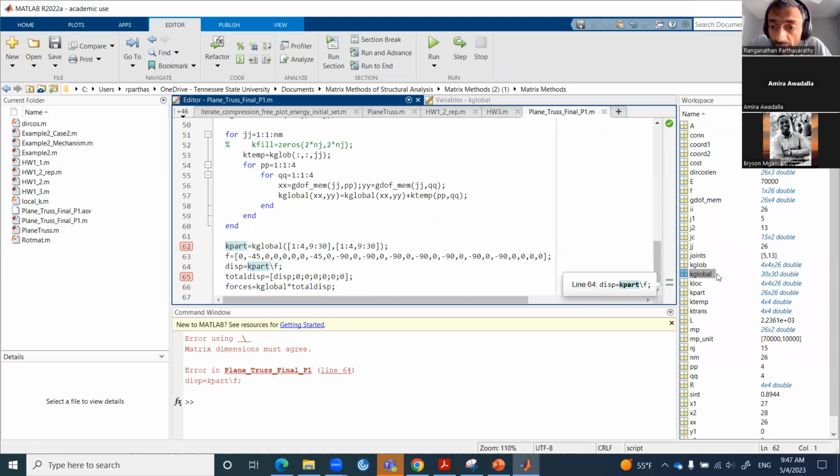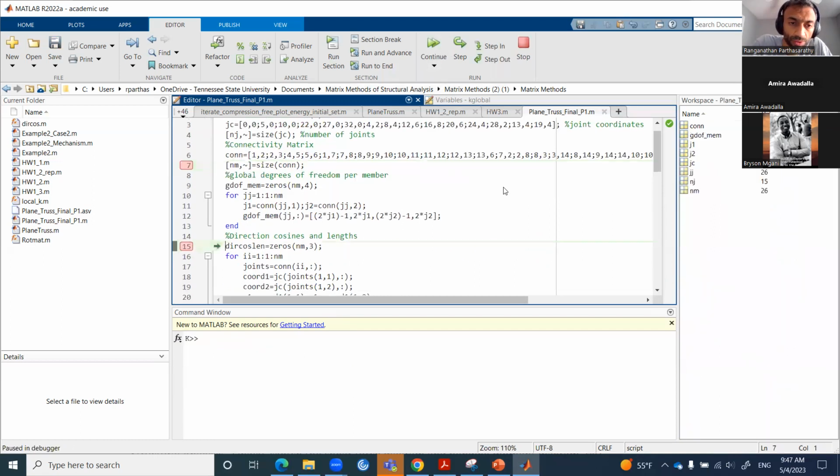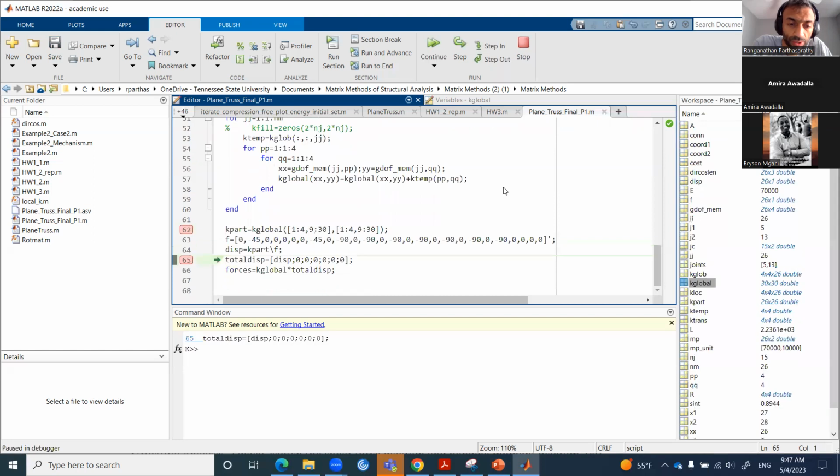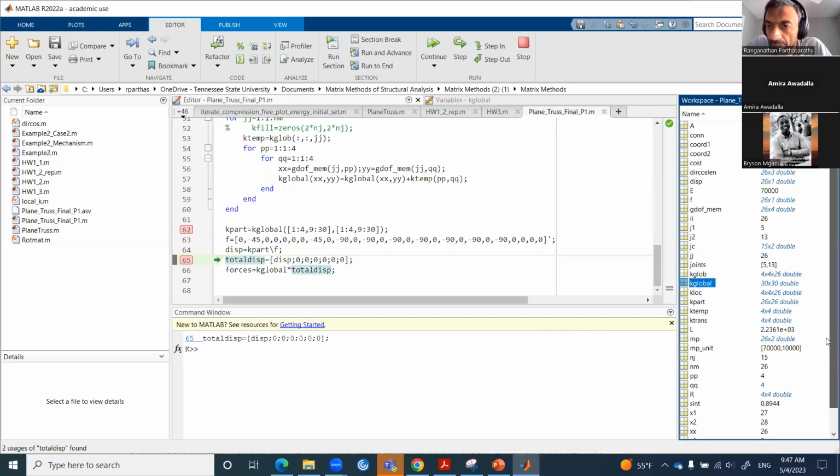Let's see, K partition size 26 by 26. Oh, I didn't put the... Okay. Okay, so now you see you got the displacements. Oh, sorry.